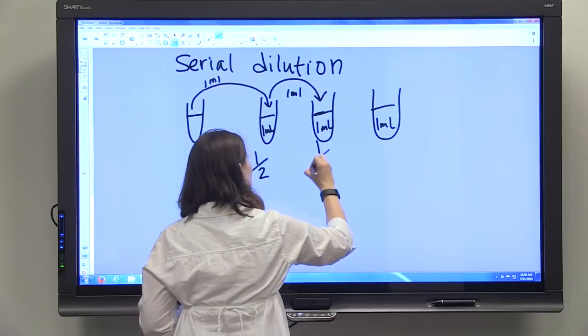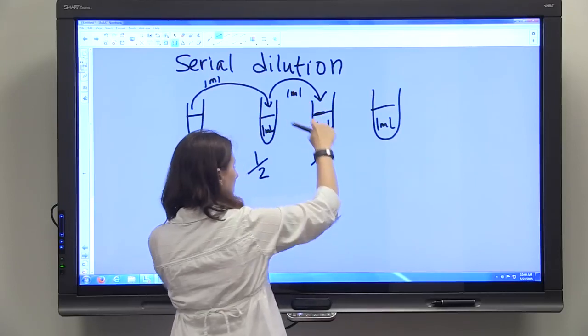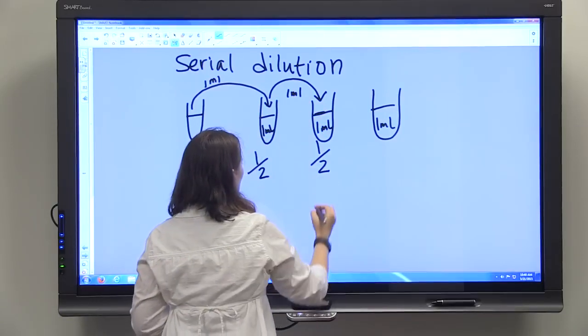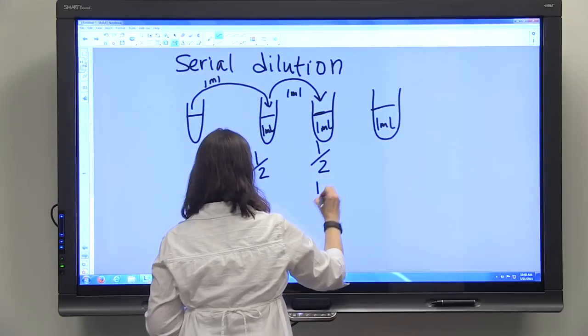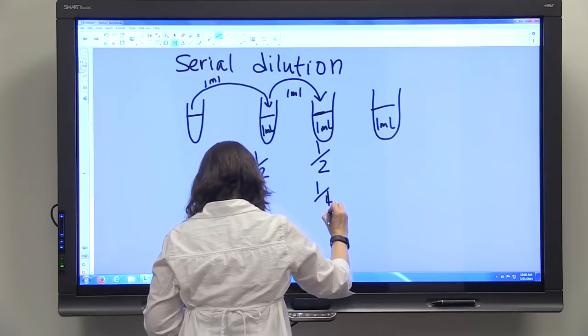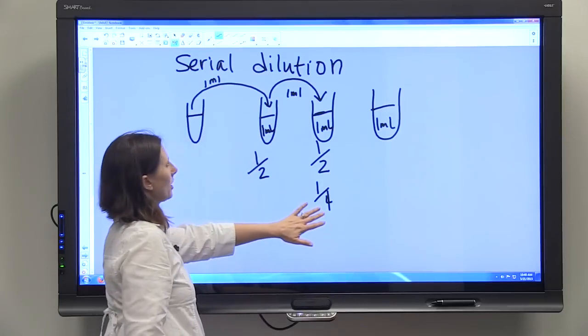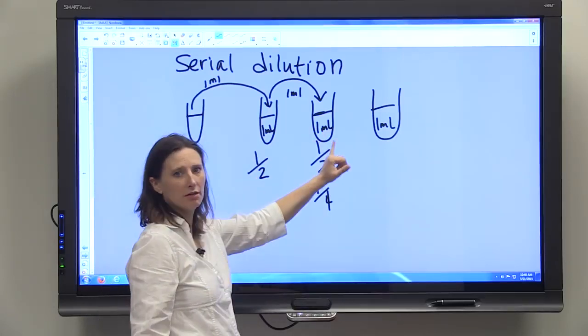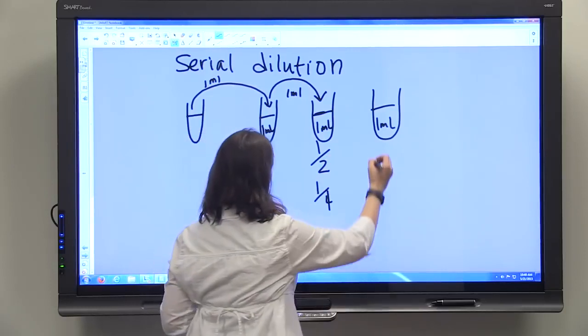So we're doing a 1-to-2 dilution because it's 1 mL to 1 mL, so a total of 2 mLs. But the final dilution is 1 out of 4 because we have 1/2 dilution here, then it's half diluted again.